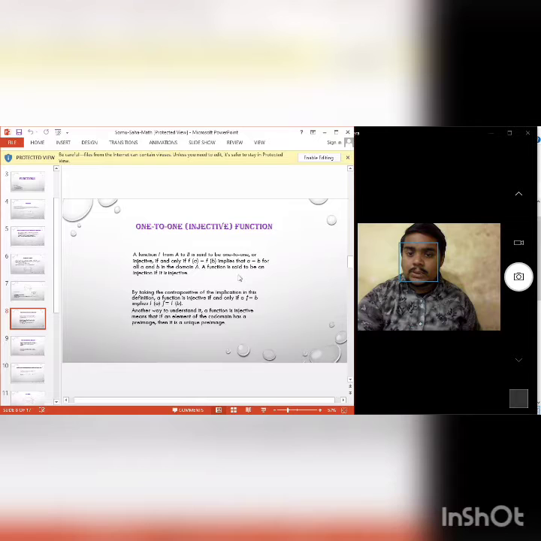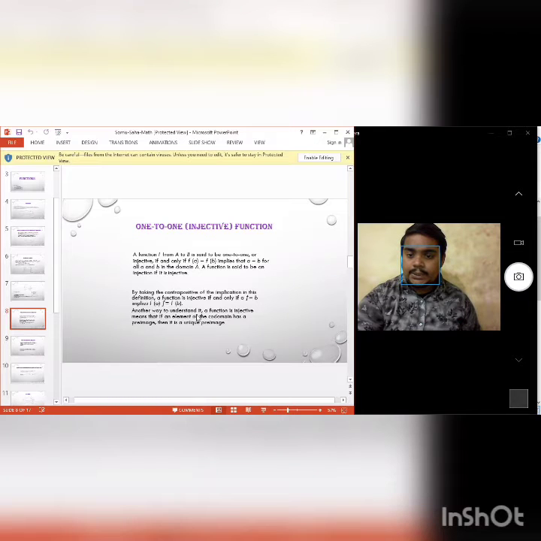A function is said to be an injection if it is injective. By taking the contrapositive of the implication in this definition, a function is injective if and only if a is not equal to b implies f(a) is not equal to f(b).